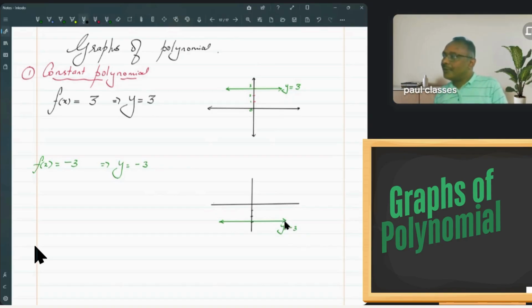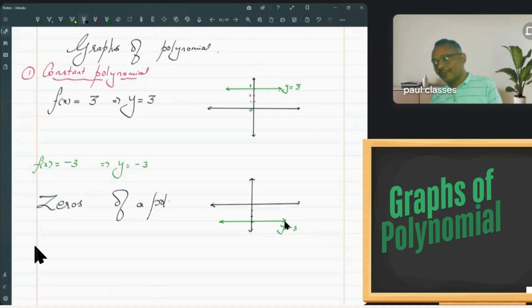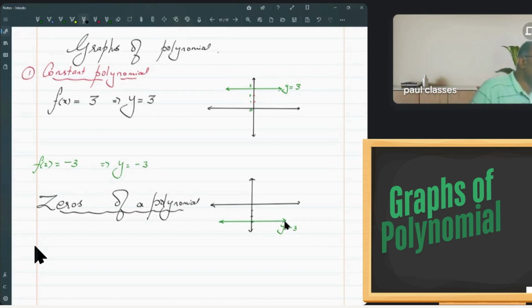So here comes a very important concept that is called as zeros of a polynomial. ठीक है, zeros of a polynomial. What do you mean by zeros of a polynomial?